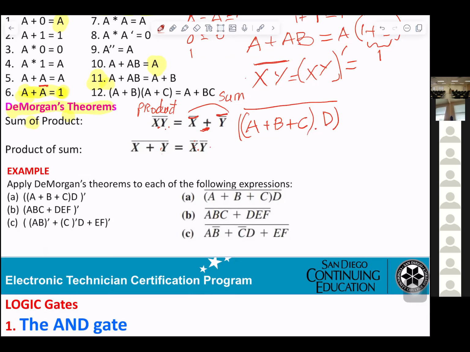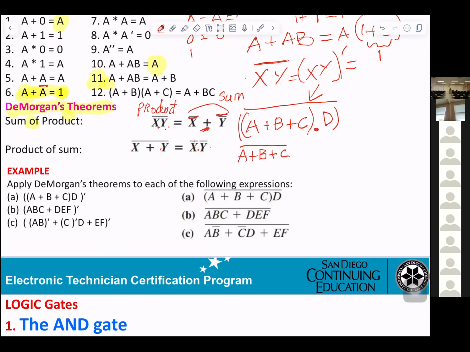So first thing you need to break this bar over everything. A or B plus C, not A plus B plus C. Later on, I call or. Not. And now this is a multiply.